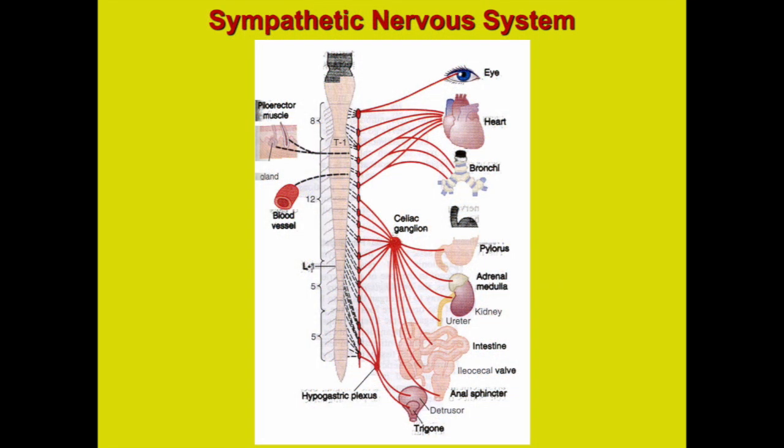Look at how different the anatomy is of the sympathetic nervous system. We're going to have it organized and distributed to each of the different organs that we talked about with the parasympathetic side, but notice that there's a sympathetic chain down the side of the spinal cord. Down about in mid-belly, we have the celiac ganglion, and then we have sympathetic nerves that are distributed from there.